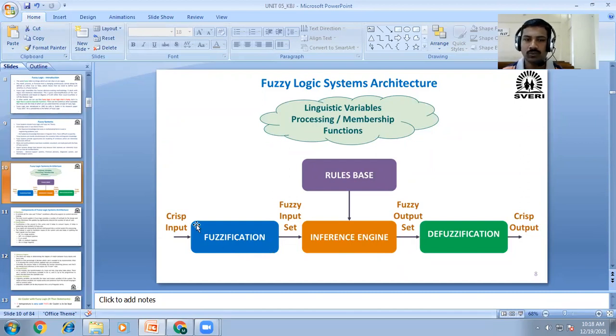The input comes from the crisp input, which is provided to fuzzification, and this fuzzified input is provided to the inference engine. After the inference engine, it passes the output to the defuzzification, and defuzzification provides the crisp output to the machine.